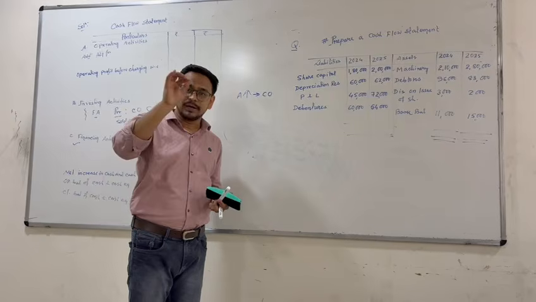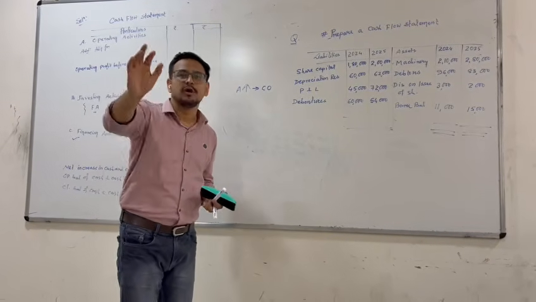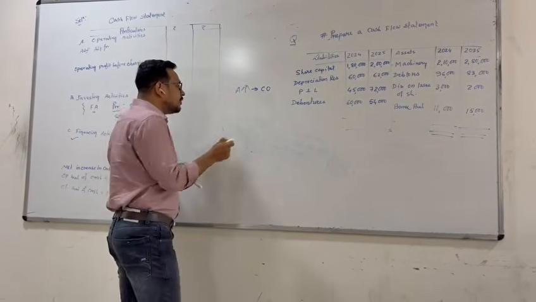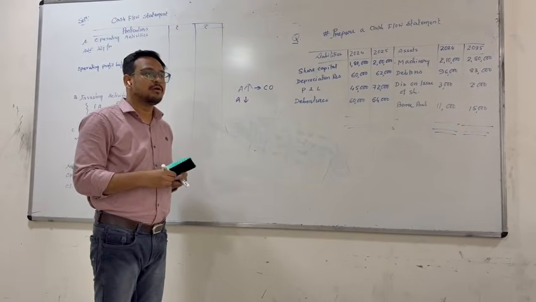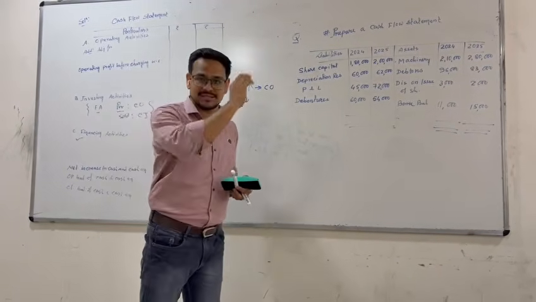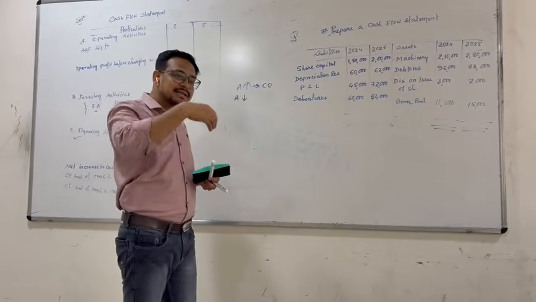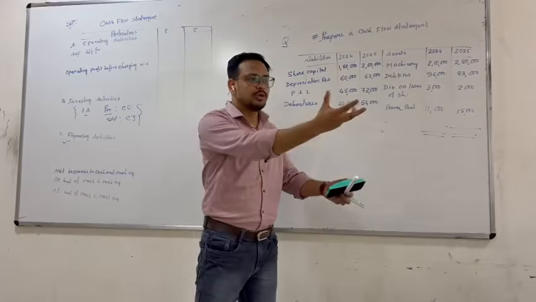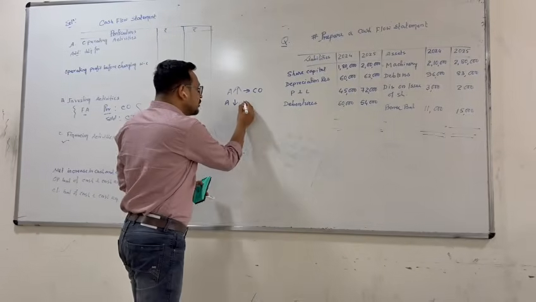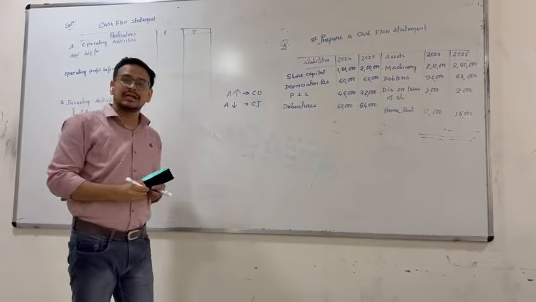Whenever you purchase an asset, cash goes out from your business. Similarly, if your asset value decreases, it means you may have sold the asset. If you sell the asset, cash comes into your business. So whenever you receive the cash, it means cash inflow.